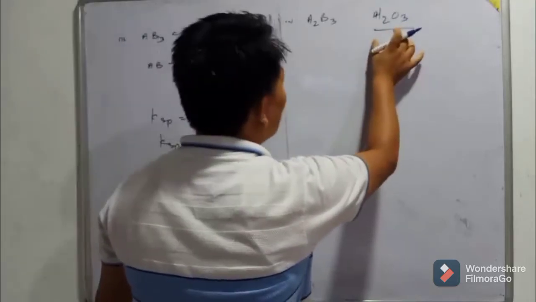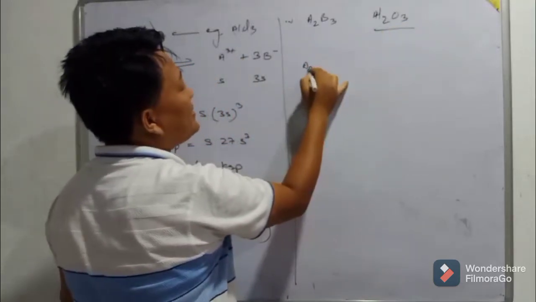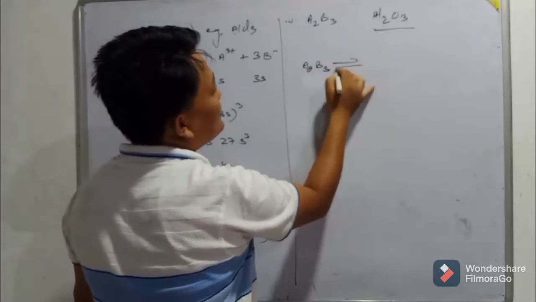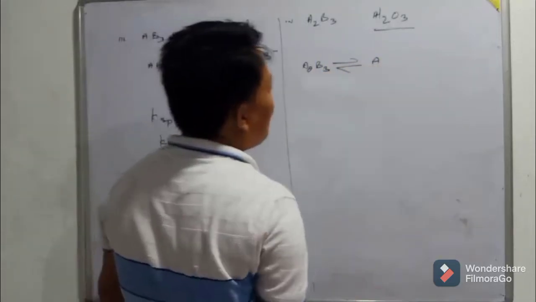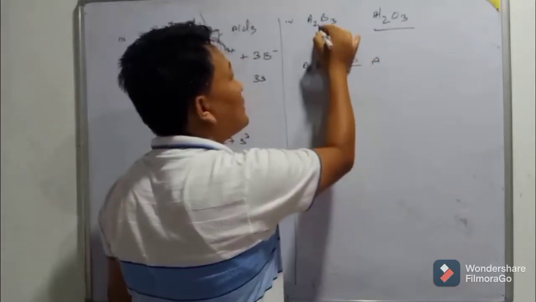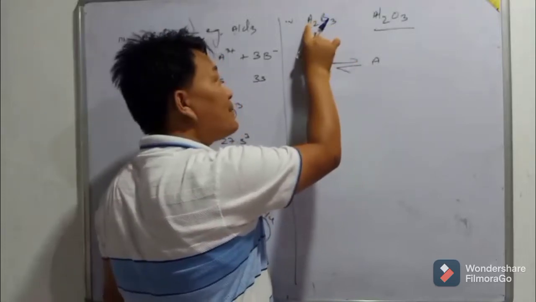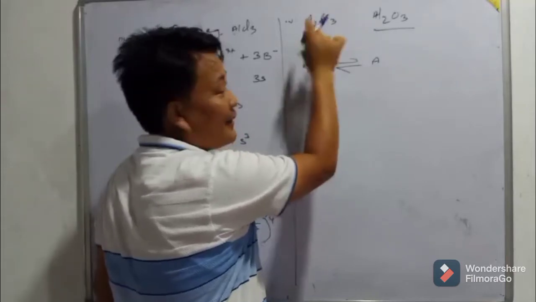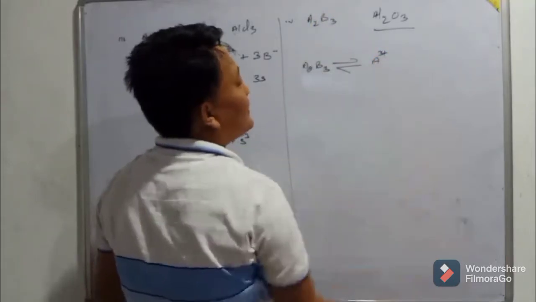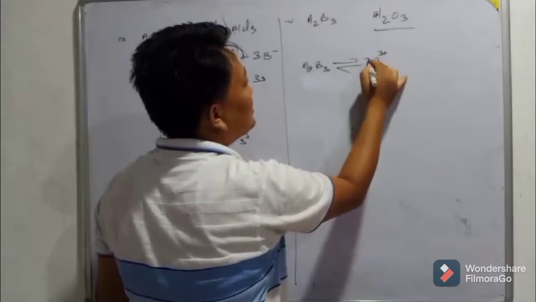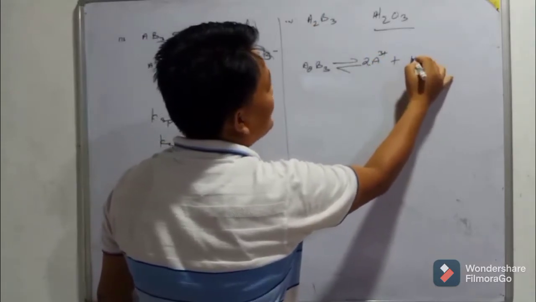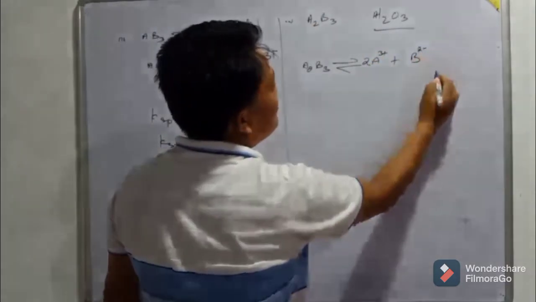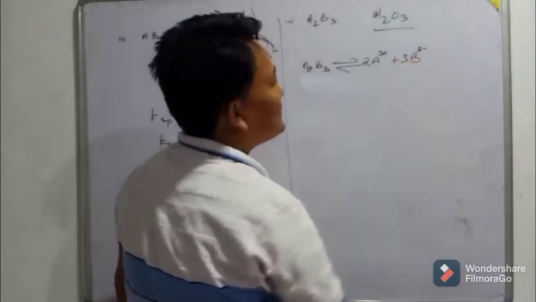Now in this case, what do we have to do? When this A2B3 dissociates, A's valency will be 3, not 2, because its valency will go here, and B's valency will come to A. So here A3+, 2 times, and B2-, 3 times.